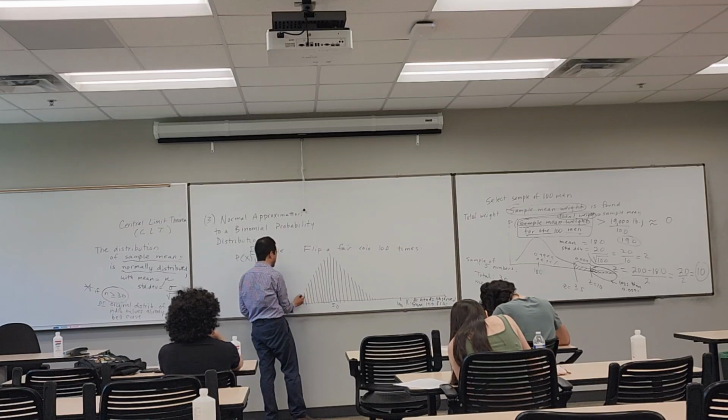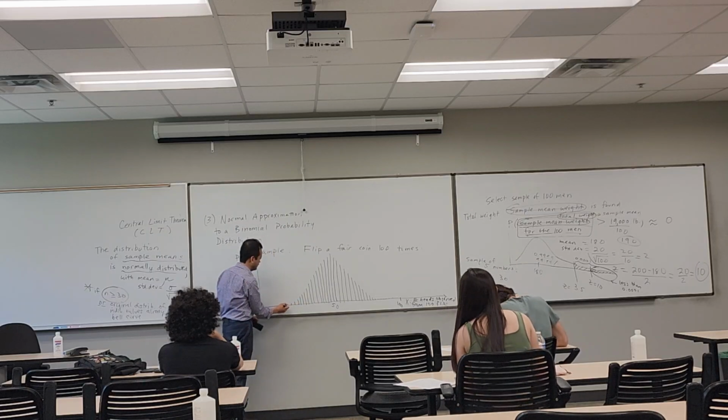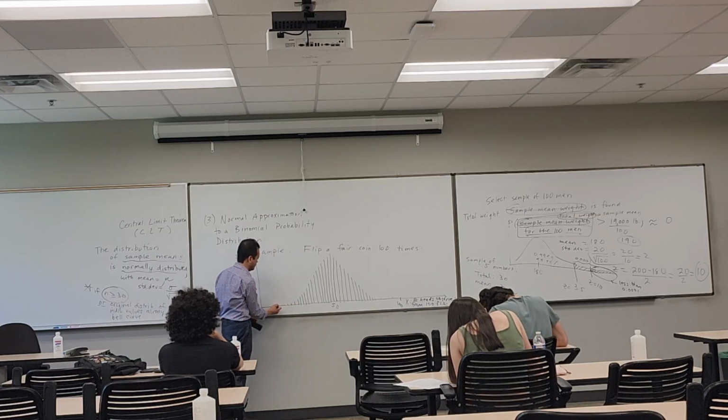So this is what the distribution representing the number of heads observed out of flipping a fair coin 100 times looks like.